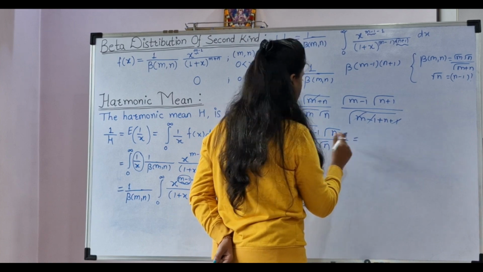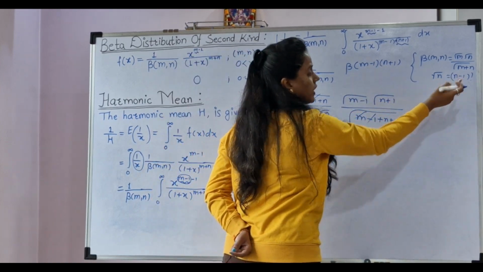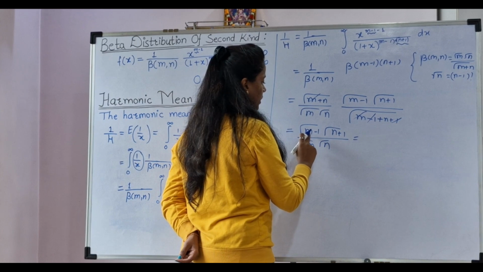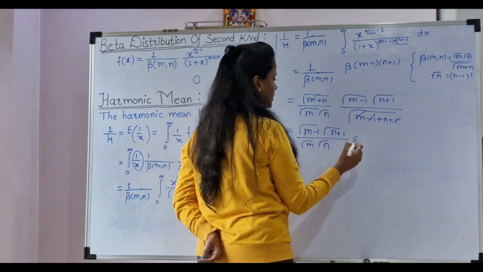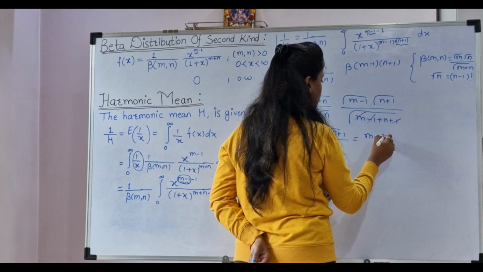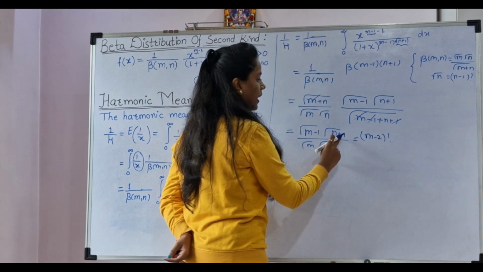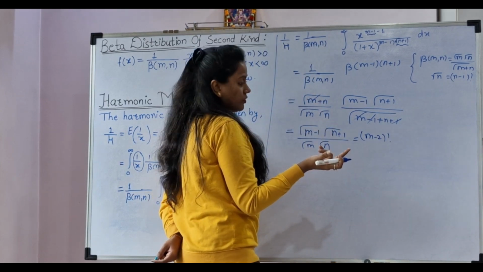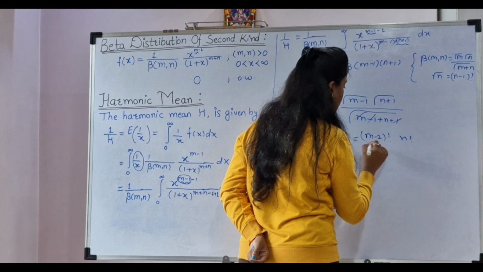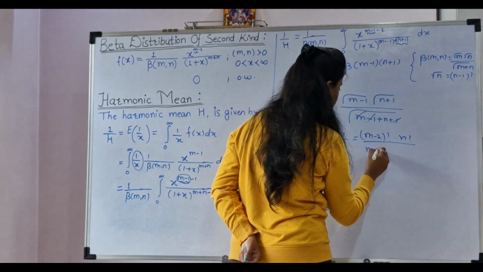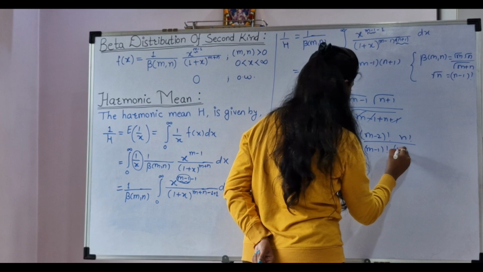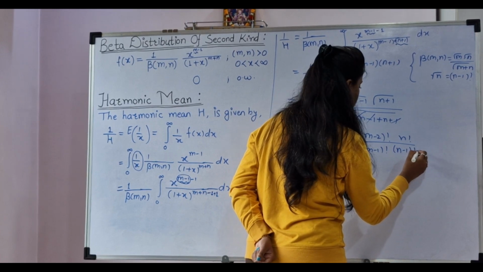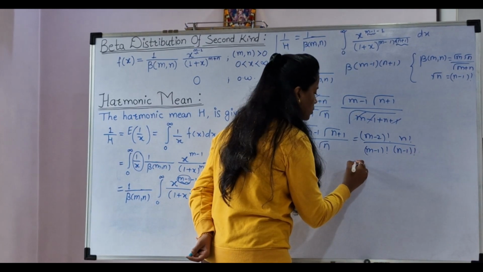We can solve it further, right? Gamma n is what? n minus 1 factorial. So here gamma(m minus 1) will be m minus 2 factorial. Here gamma(n plus 1) will be n factorial, divided by m minus 1 factorial and n minus 1 factorial, right? So now let's solve it further.